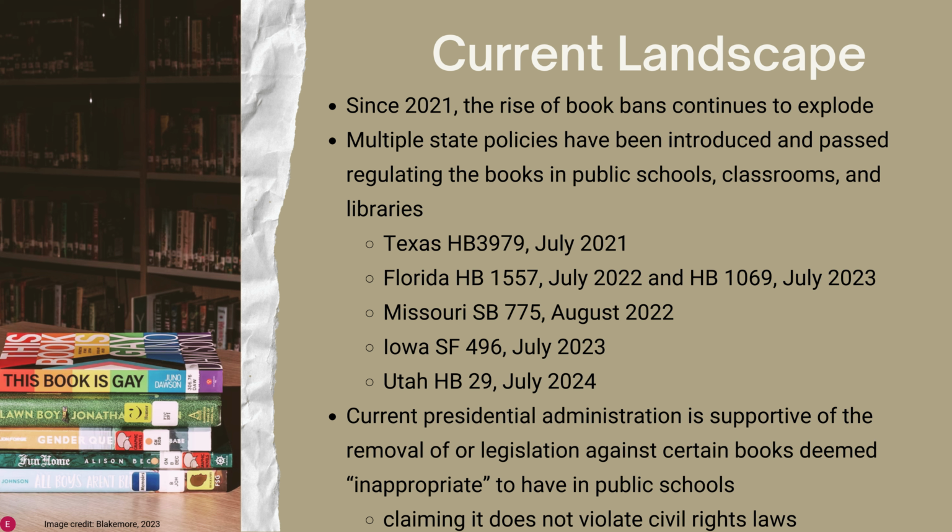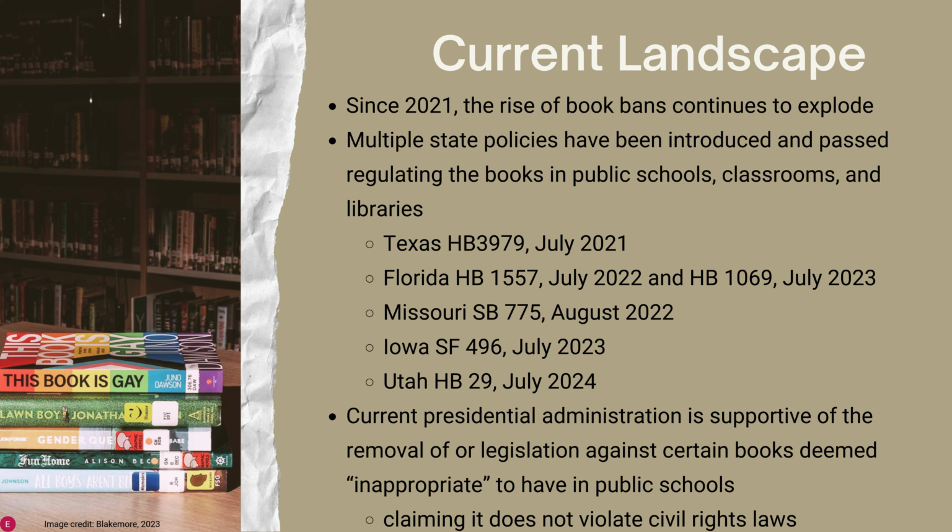The law has been interpreted to ban books with any content related to sex or gender in books. It also contains Don't Say Gay copycat provisions censoring discussions of LGBTQ identities in the classroom. And most recently, Utah House Bill 29 enacts a statewide ban on certain books deemed to contain objective sensitive material, primarily relating to content deemed sexual.